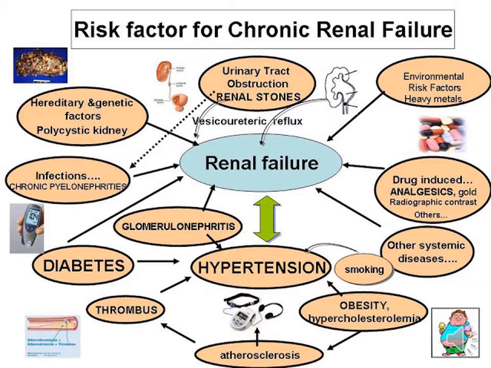Other factors include urinary tract obstruction, renal stenosis, environmental risk factors, heavy metals, drug-induced causes like analgesics, gold, radiographic contrast, and other systemic diseases; smoking, which leads to hypertension; obesity, which leads to hypercholesterolemia, atherosclerosis, and thrombosis; diabetes, which leads to hypertension or directly to renal failure; glomerulonephritis, which leads to hypertension and renal failure; infection, chronic pyelonephritis; and hereditary and genetic factors like polycystic kidney diseases.